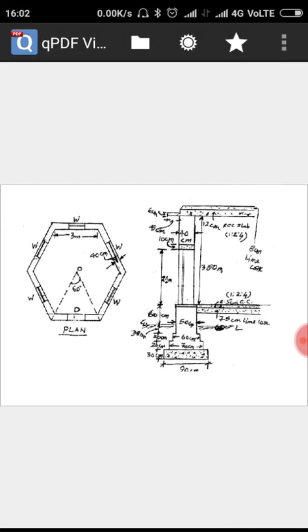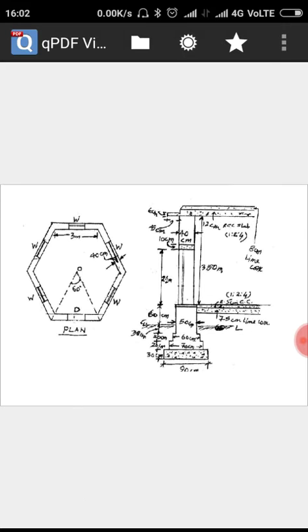Now come to the cross section. This cross section is taken through the door. The height of the footing lime concrete is 30 centimeter. The first footing is 20 centimeter and the second footing is 20 centimeter.